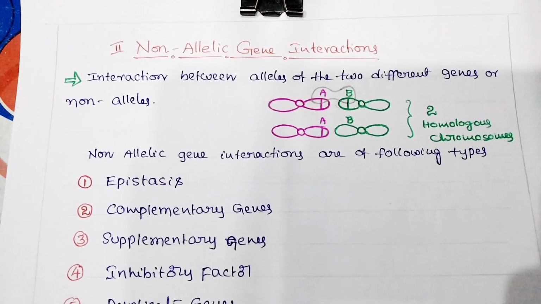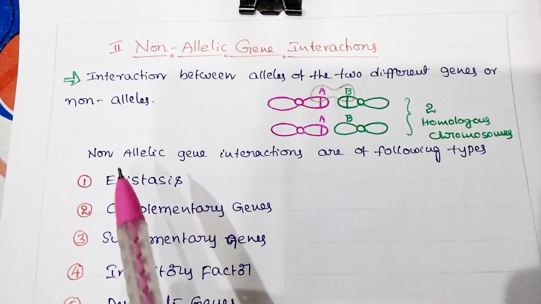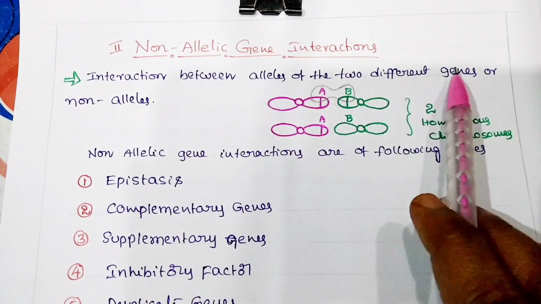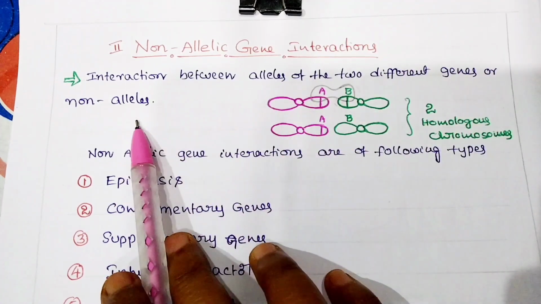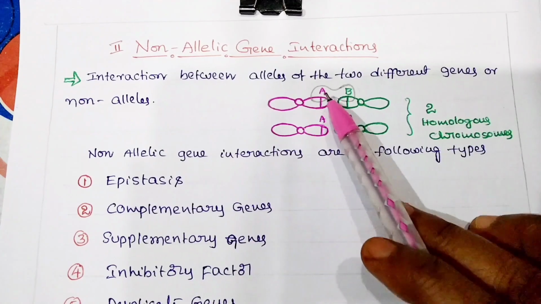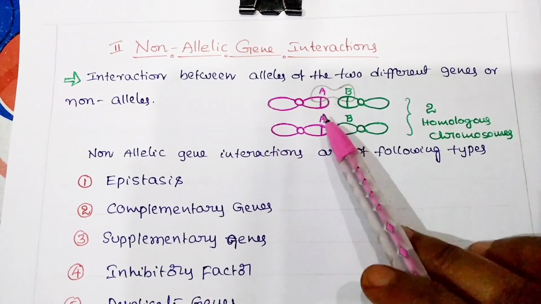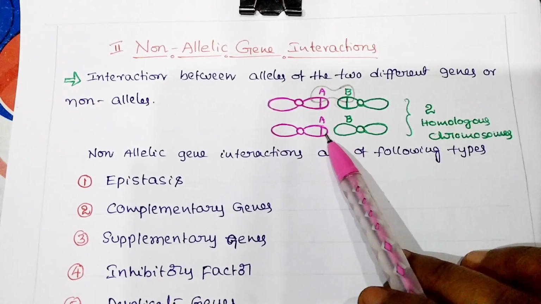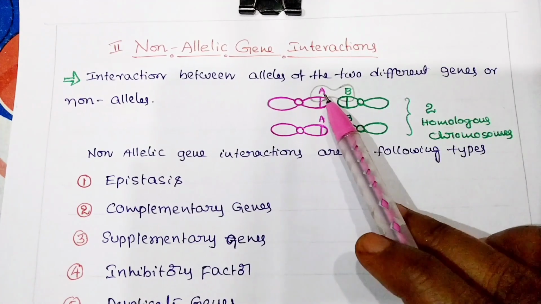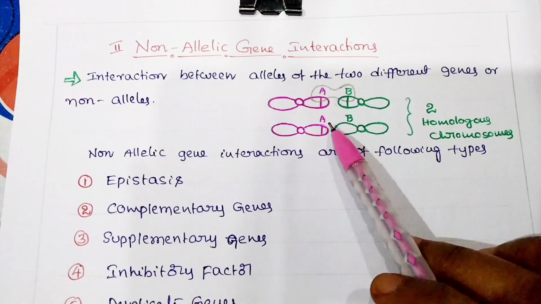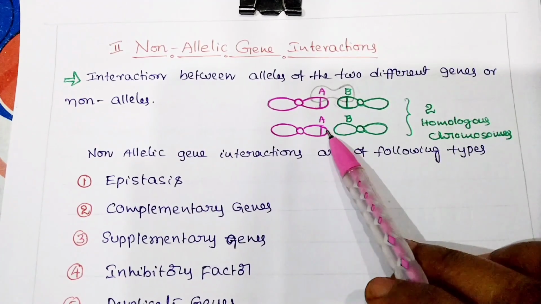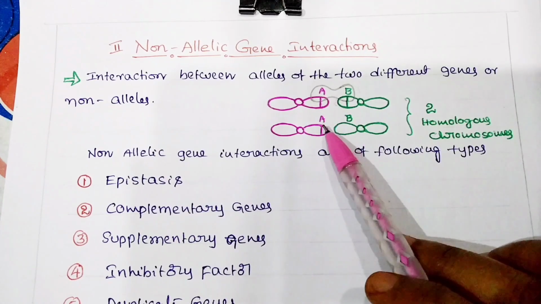Non-allelic gene interactions are nothing but interactions between alleles of two different genes, or non-alleles. Look at the picture carefully. Capital A, capital A: these two are homologous chromosomes as they contain two same, similar alleles. That condition is the homozygous condition. They belong to the same gene.